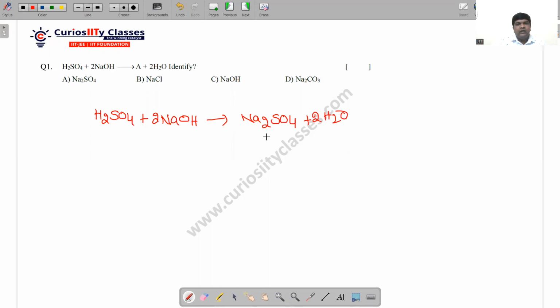Identify A. A is Na2SO4, sodium sulfate. Option A is Na2SO4, option B NaCl, option C NaOH, and option D Na2CO3. The correct option is option A.